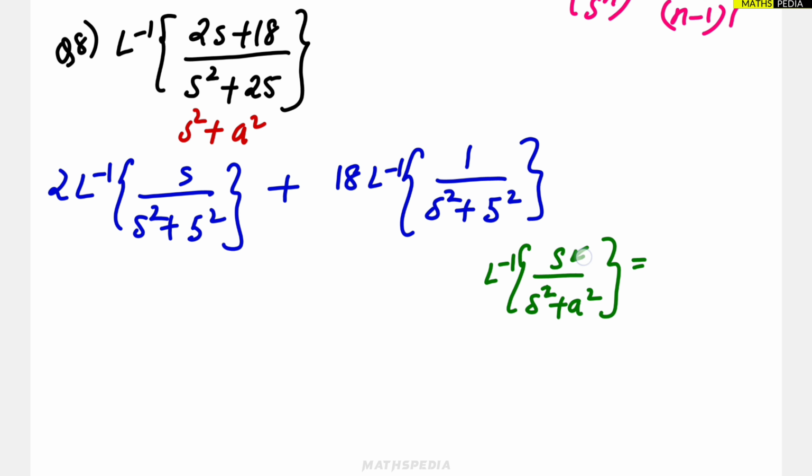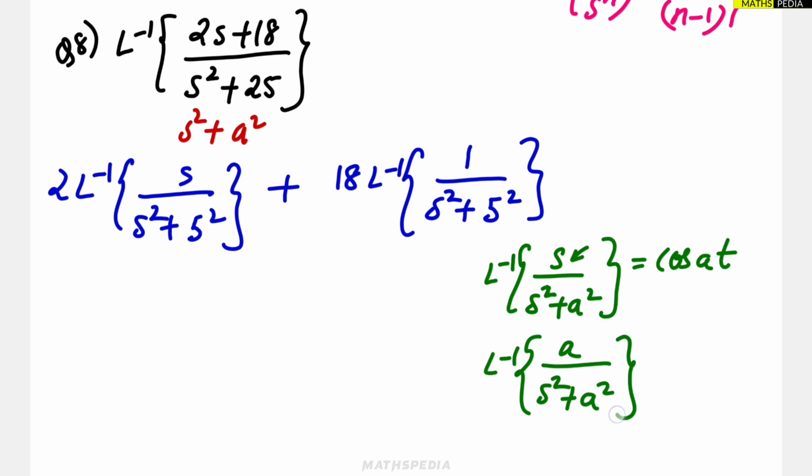If the s term is in the numerator, cos is having s, so we can write it as cos at. Then whenever you get a divided by s square plus a square, that will give you sin at. But one problem is there: here it is 1, so it should not be a, because 5 is not sitting here. So we have to shift this a to the denominator, so it becomes 1 divided by a, then sin at by a. That is the only change.